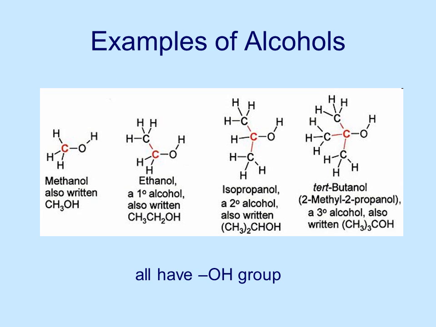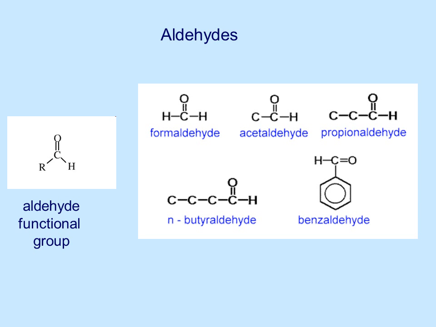Alcohols, a variety of different alcohols. They have different shapes, different structures, but they all have the OH group on them, and that's what makes them an alcohol. Aldehydes have a functional group with a carbon-oxygen double bond, the hydrogen on the carbon, and another group of some sort. And here you can see different aldehydes.